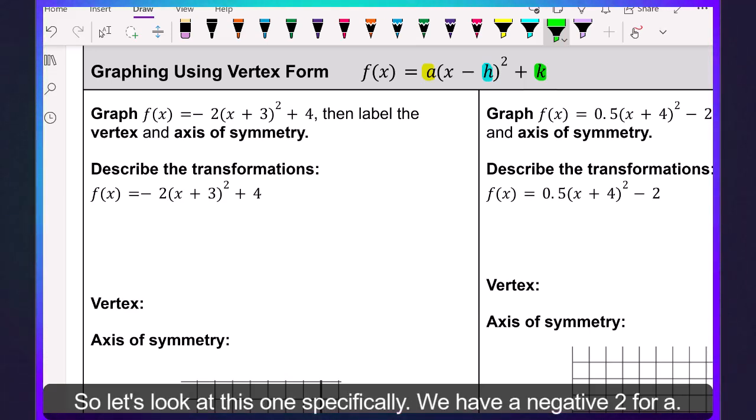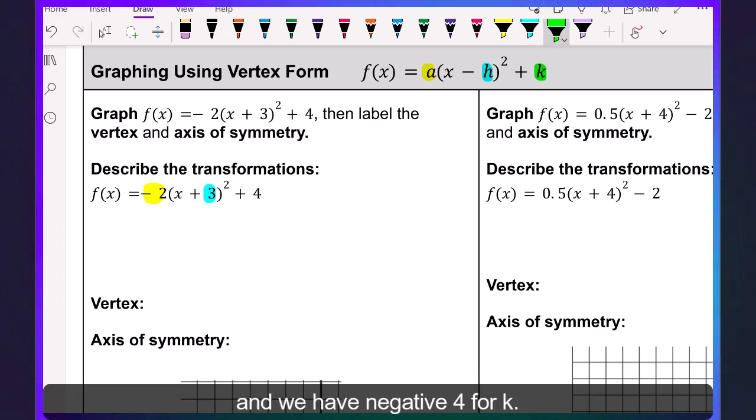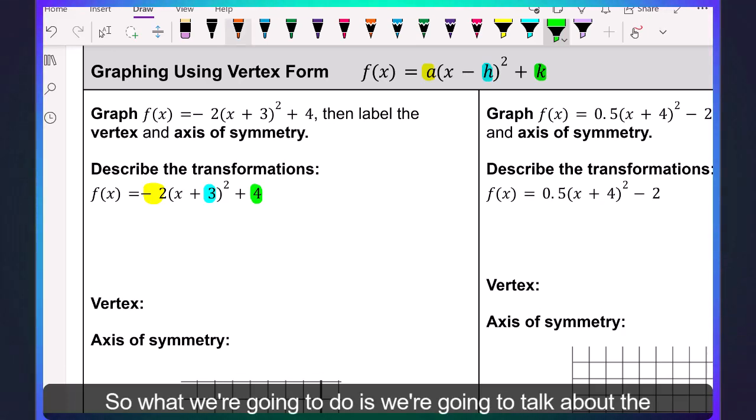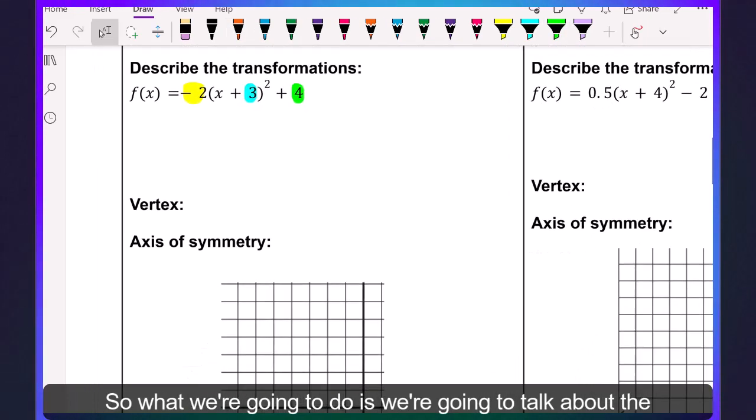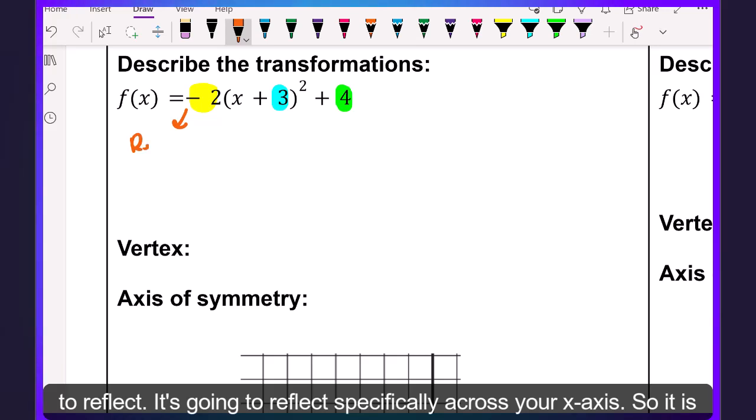So let's look at this one specifically. We have a -2 for A. We have +3 for H. And we have -4 for K. So what we're going to do is talk about the transformations and what each does. So the negative part is going to reflect. It's going to reflect specifically across your x-axis.